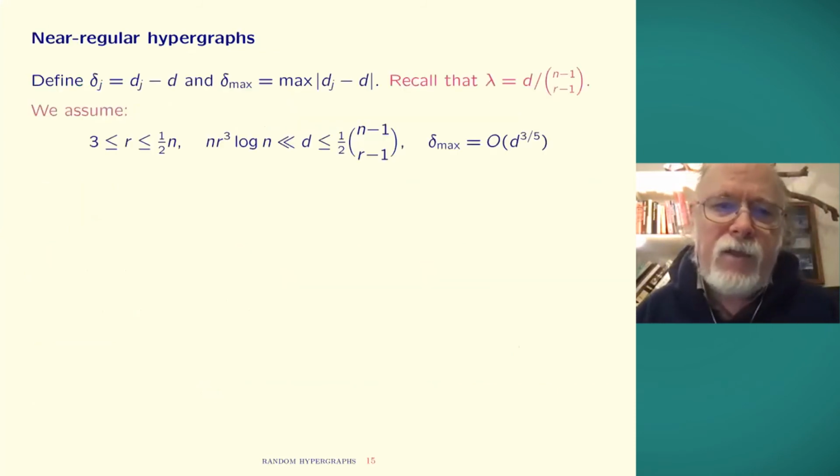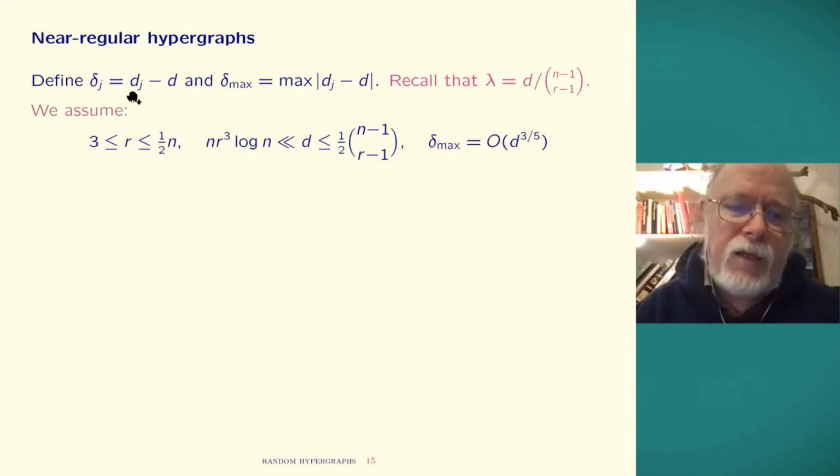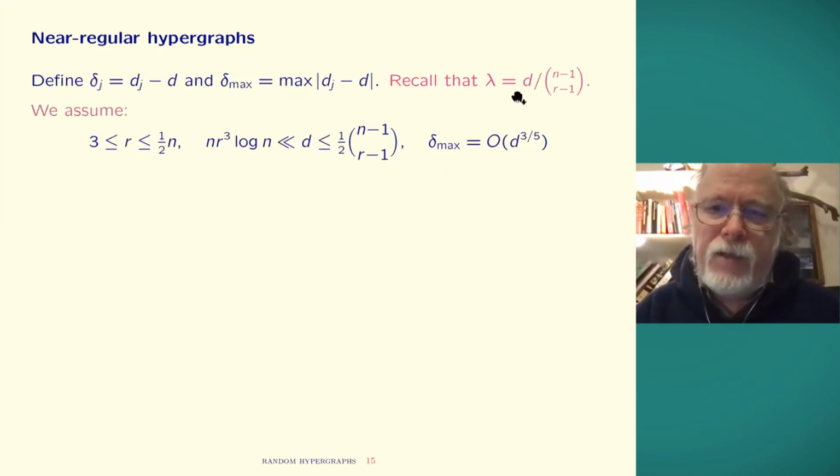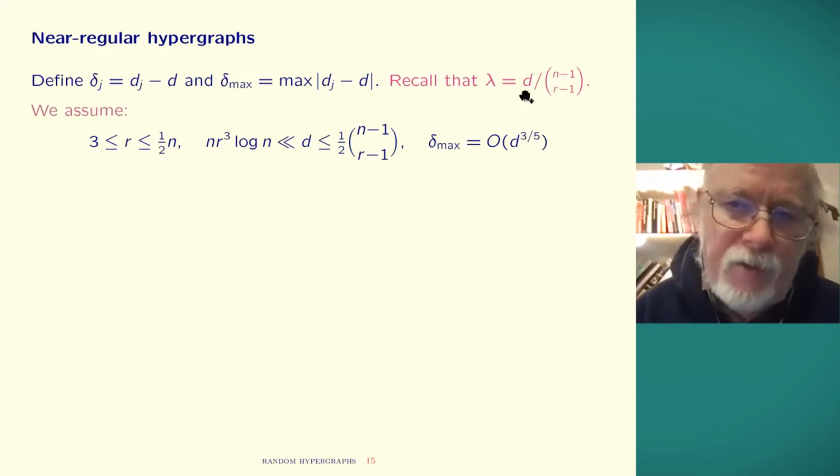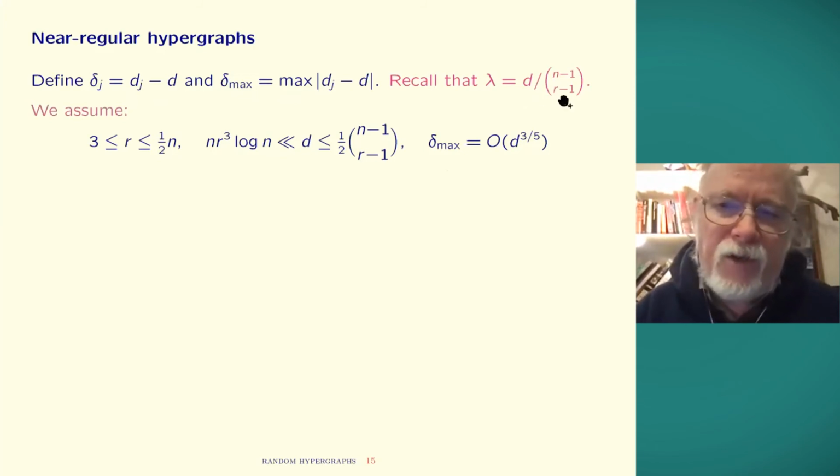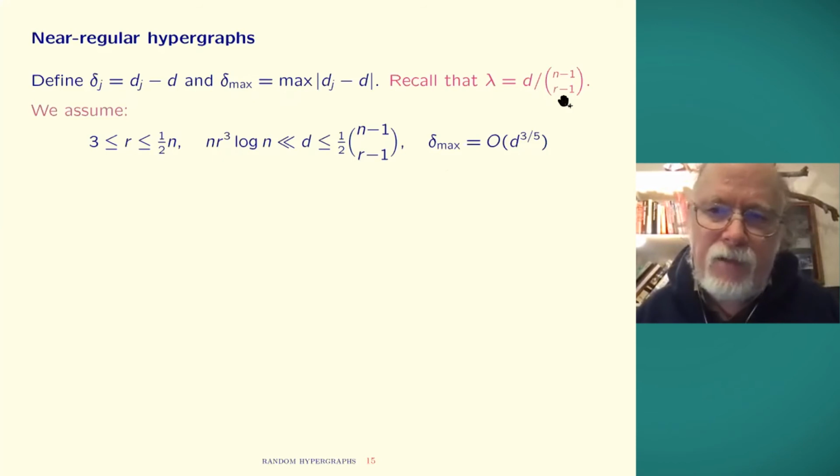So our conditions are, again, we're in the first quadrant. These are the same conditions I told you before. And delta max is big O of d to the 3/5. And delta j is the difference between dj and the average degree. Delta max is the maximum of those. Now remember what lambda is. It's what fraction of the complete graph you got. It's the average degree divided by the degree of the complete graph.